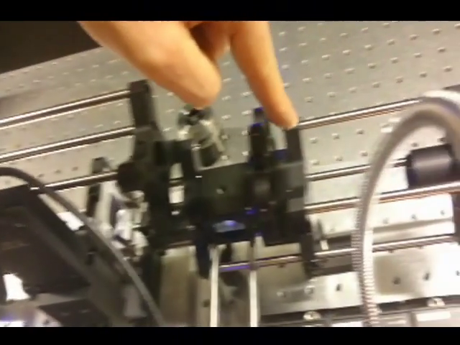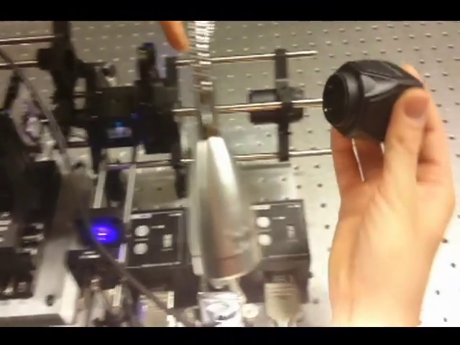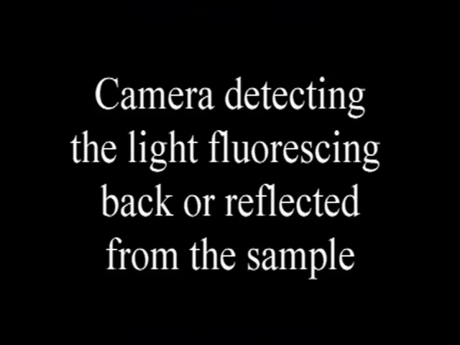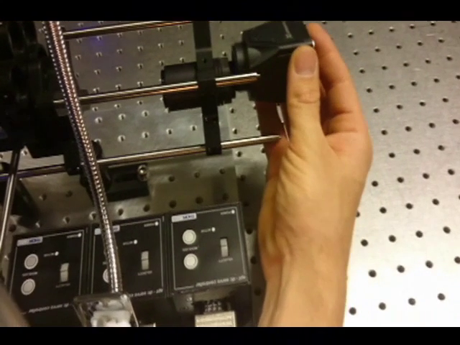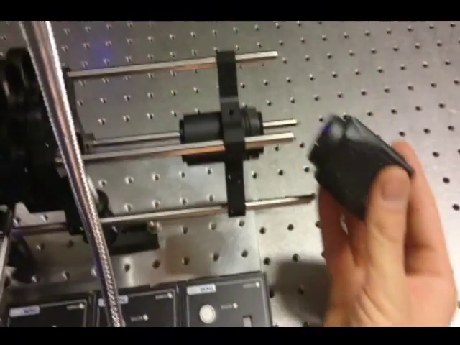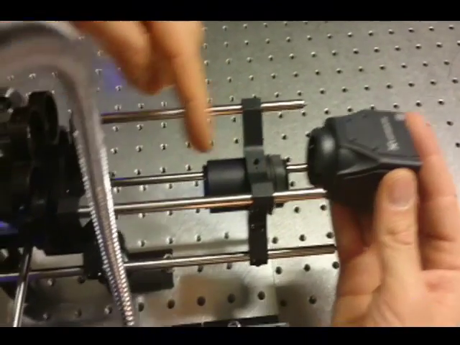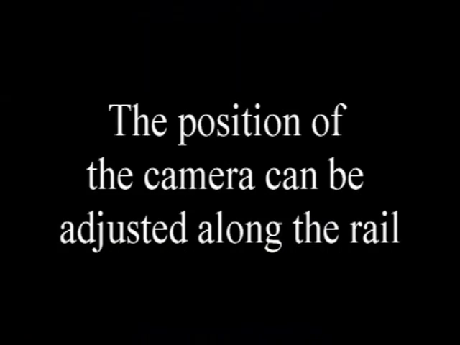The light reaches the sample, and so we illuminate the sample, and all light that is fluorescing back or reflected from the sample now reaches the camera. In this case, the camera can be moved along the rail if this is required.